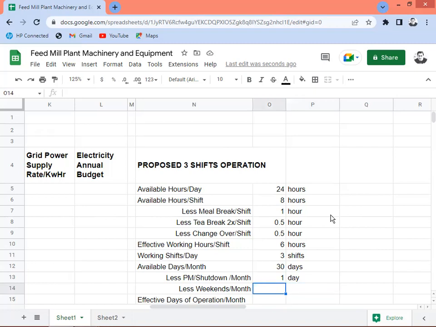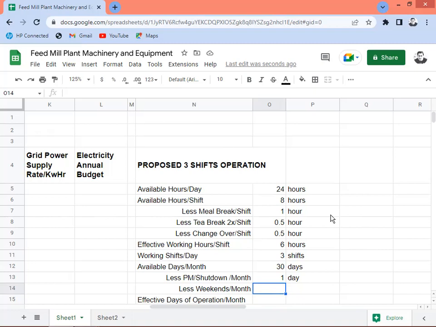Then we're also going to less the weekends, because people are not working during weekends. Some companies are providing only Sundays. All the Sundays in 1 month is four Sundays, but other companies are providing 2 days weekend, 2 days in 1 week rest.